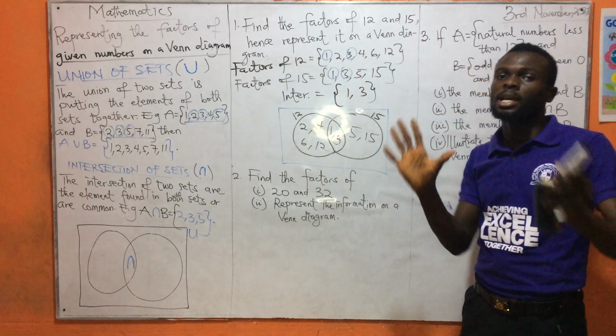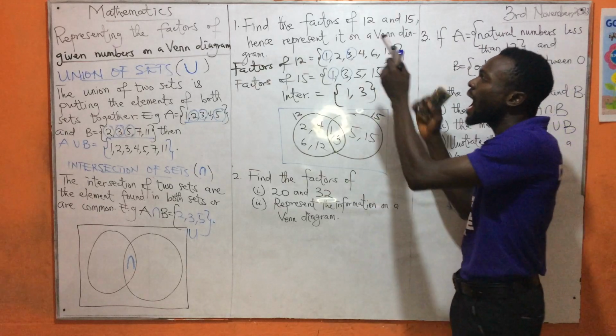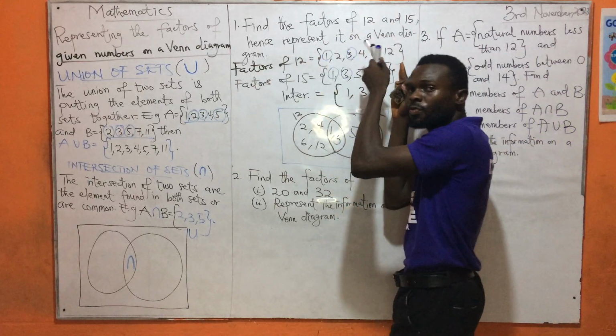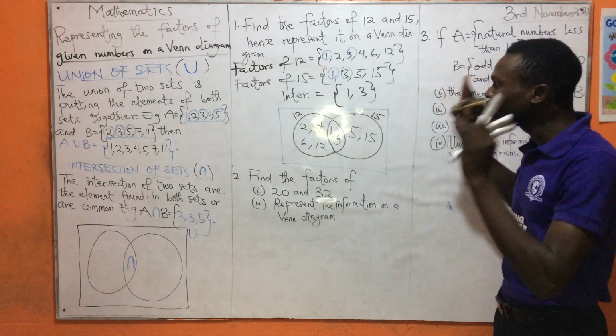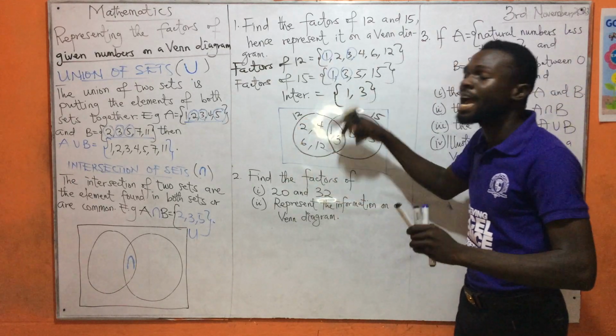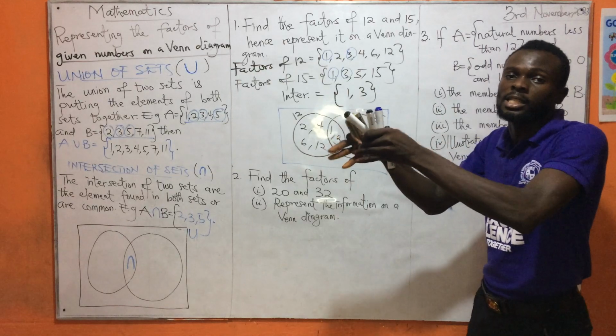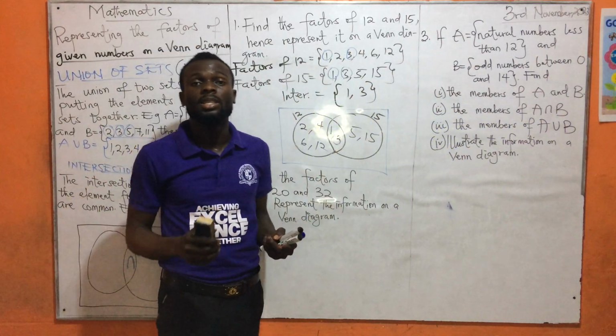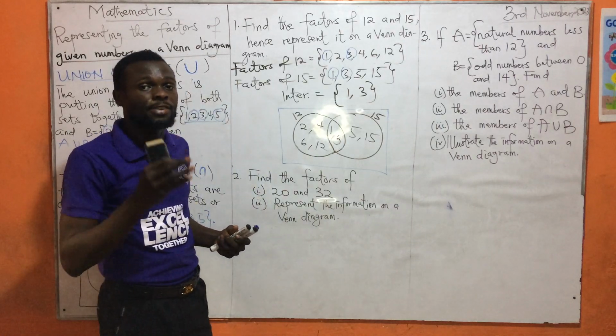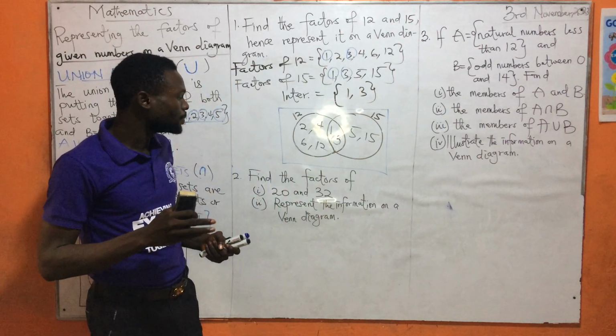But we are not looking at that. We are concentrating on what? How to represent the factors of a number on a Venn diagram. The most important thing is to know how to draw the diagram, know the intersection, then you fill in the circles with the numbers.